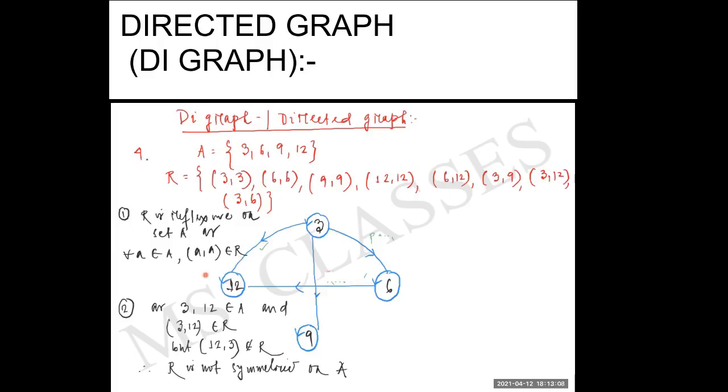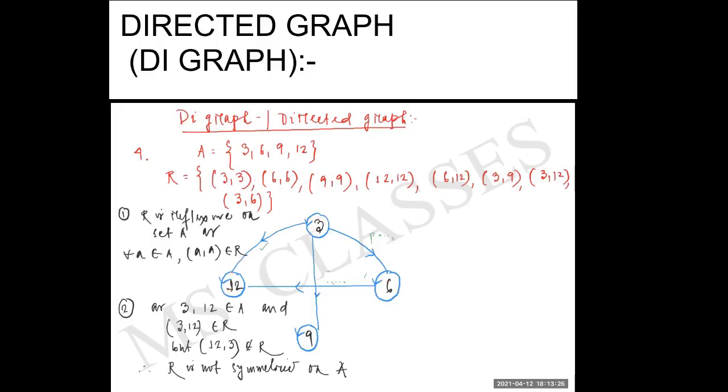That means only (a, b) is present, no problem. Only (a, c) is present, no problem. But if you find this is present and this is absent, then it is not transitive. In this case, we can understand it is transitive. Why? (a, b) is there, (b, c) is there, (a, c) is also there.